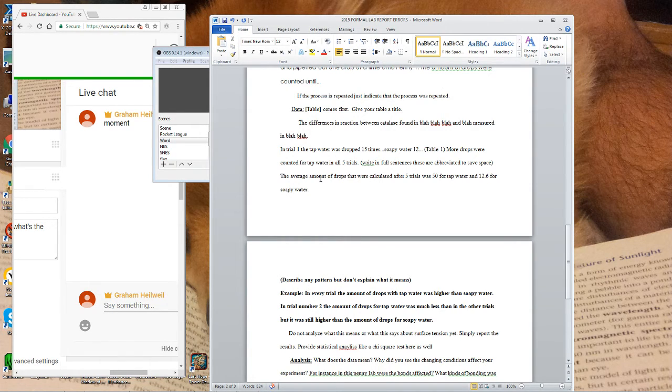Number two, for your data section, you're looking for patterns in the data. In this particular instance, we're comparing room temperature to hot or cold. We're also comparing plants to animals, or potatoes to carrots to liver.